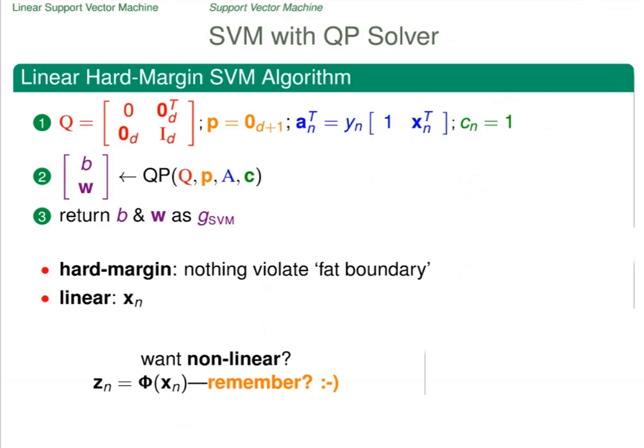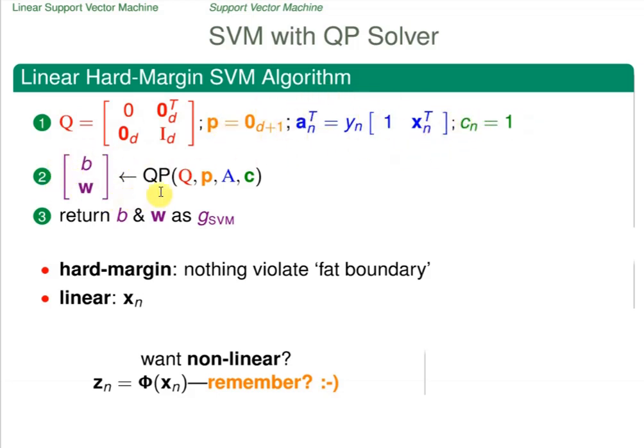For example, solving the SVM optimization problem can be done in 3 steps using a quadratic programming solver of your choice. The first step is to convert the optimization problem into a standard form, which is then used as an input to the quadratic programming solver. Here, Q is a matrix, P is a vector, and then the constraints.